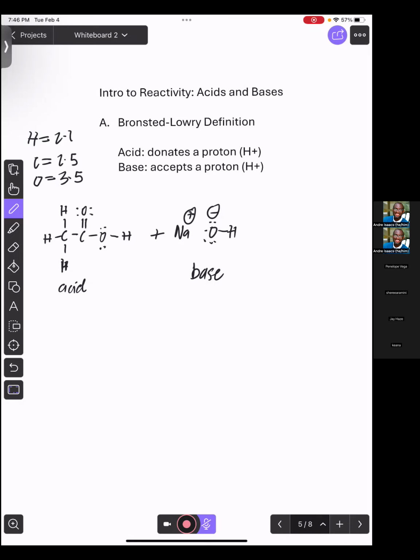Most of the ones we'll use for simple reasons will be an atom that has a negative charge. It's electron rich. And so these molecules, the acid is going to react with the base. So the atom that's going to get the H in the base is typically the atom that is rich in electrons.